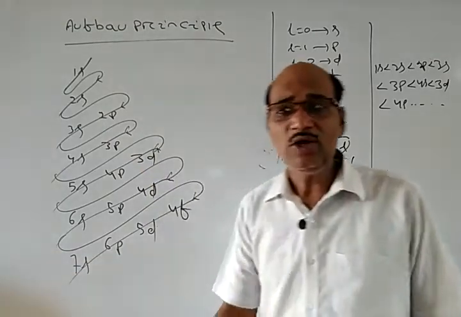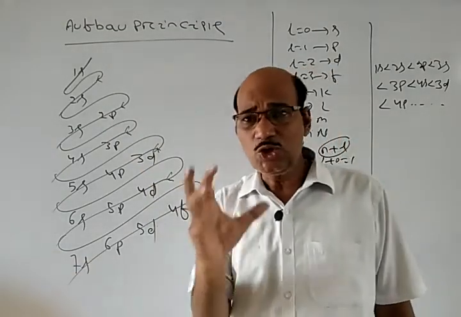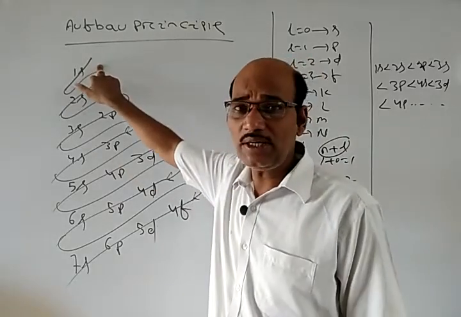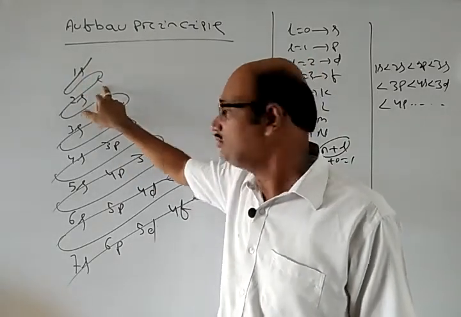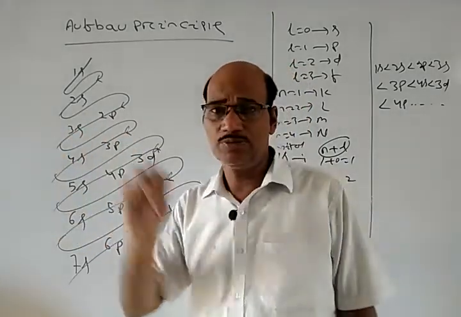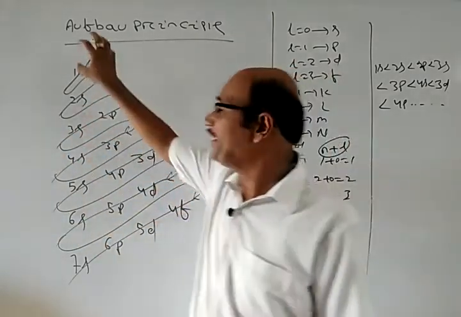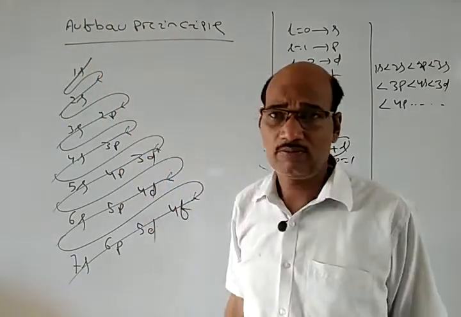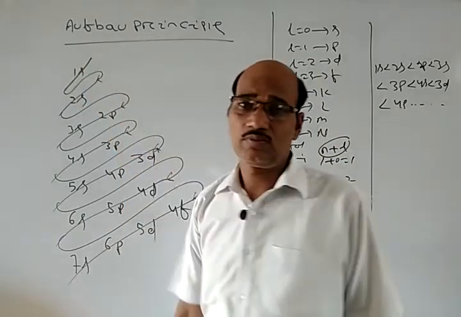So whenever we have electrons, the electrons will first go to 1s, then 2s, then 2p, then 3s, 3p, 4s, 3d, and so on. And we know the s orbital contains only 2 electrons, so in the s there will be 2.